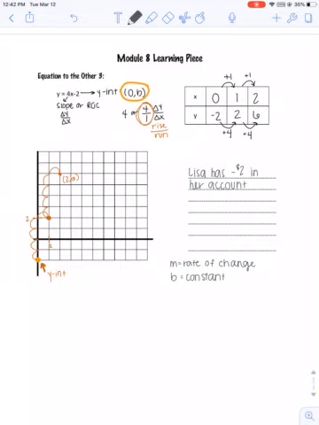So Lisa has negative $2 in her account, and she saves, so she's adding to the account because our rate of change is positive. She saves $4 every day. She really realized her mistake with that negative 2. She's like, I'm going to save $4 every day.